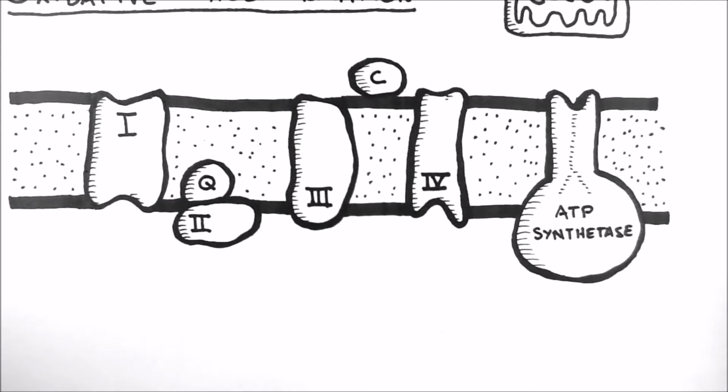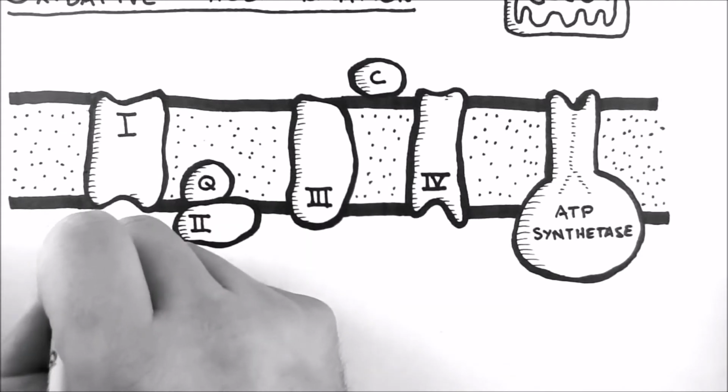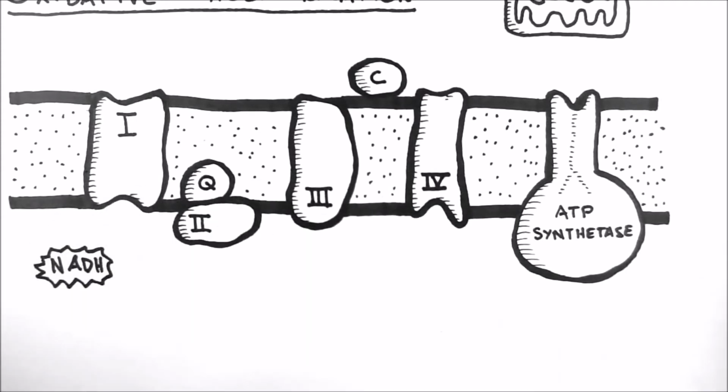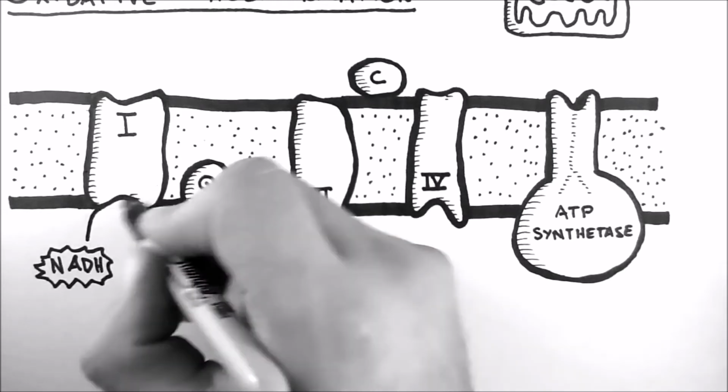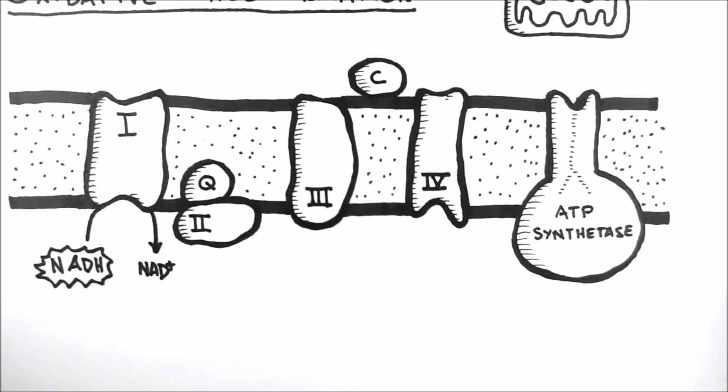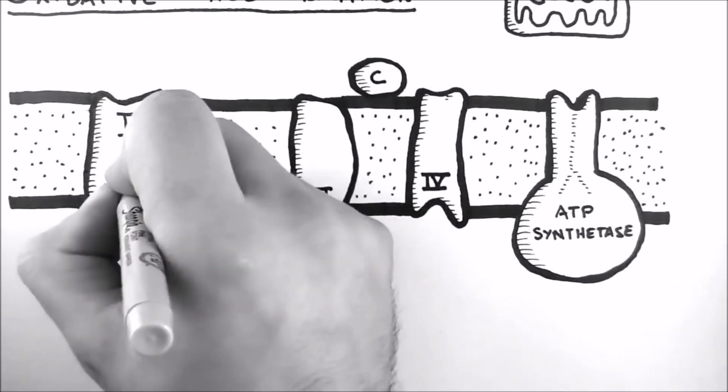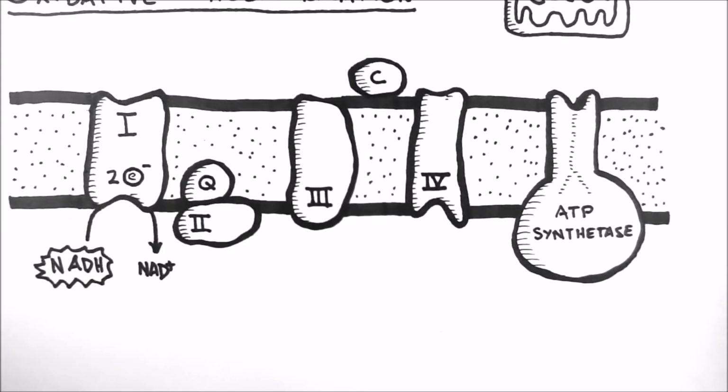So the process begins with NADH, which was produced by glycolysis, beta oxidation, and the TCA cycle. This NADH is oxidized to NAD+ and donates 2 electrons to the electron transport chain.